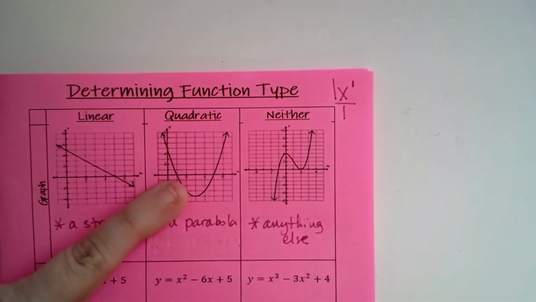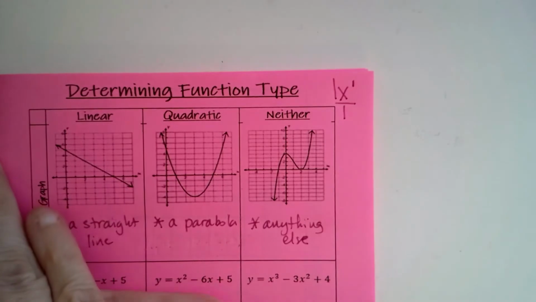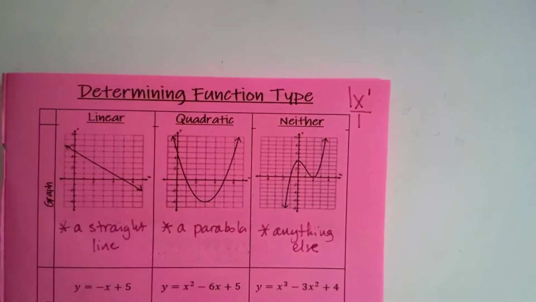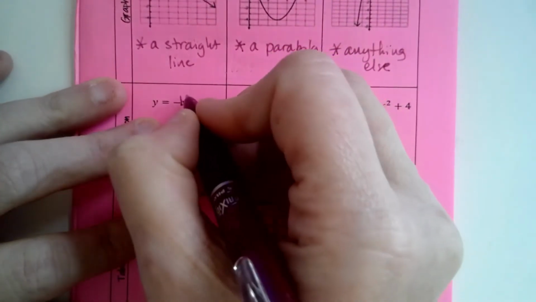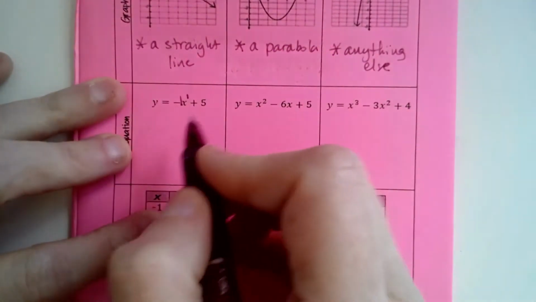Well, it does. And that invisible 1 exponent doesn't usually come into play, but when I'm determining function type, it does. So if I look at this function right here, it's got an invisible 1 coefficient and an invisible 1 exponent. And yes, an invisible 1 denominator, but we don't care about that. Okay?